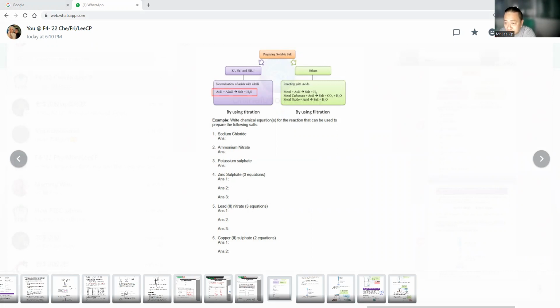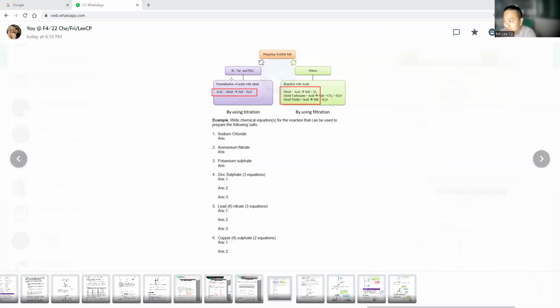And if other, then reaction with acid: metal plus acid becomes salt and hydrogen, all right? So I guess you have learned this one before, right? Metal carbonate plus acid becomes salt, carbon dioxide and water. Metal oxide plus acid becomes salt and H2O, right? Just now I told you that is 4 ways, right? This one, 2, 3, 4, acid plus something.